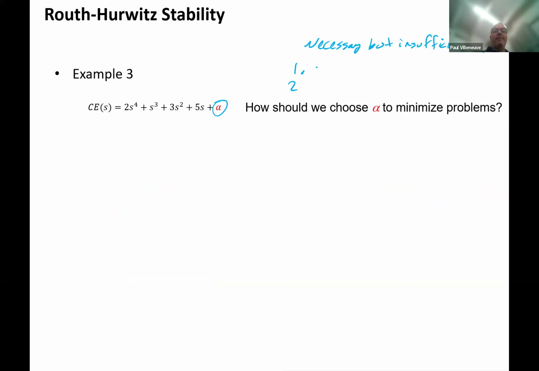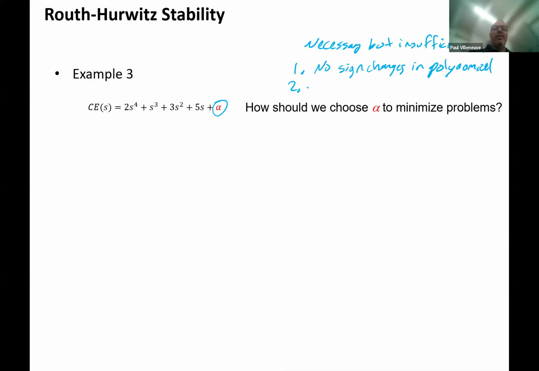Condition number 1: no sign changes in our polynomial, as we'll call it because it can have many terms. So all these numbers have to be all positive or all negative. So we know that alpha needs to be greater than 0, so we have no sign changes.